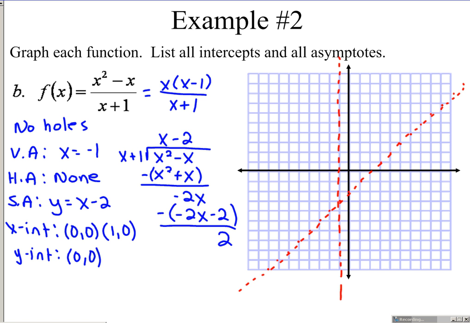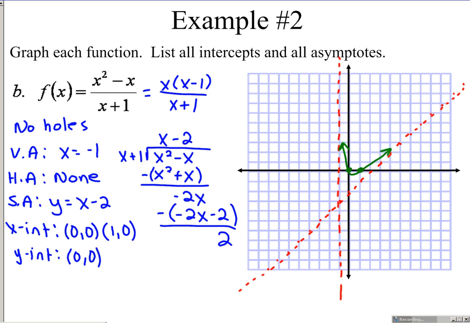Intercepts at 0, 0, and 1, 0. So we know to the right of that vertical asymptote that our graph has to be approaching here, crossing and back up through here, and approaching. To the left of that asymptote, we do not know.